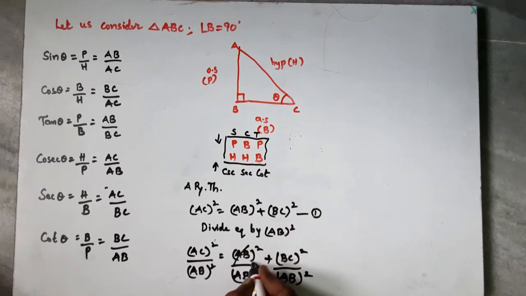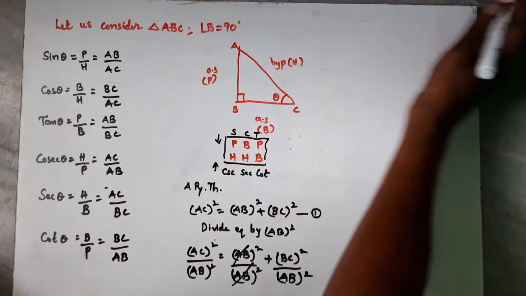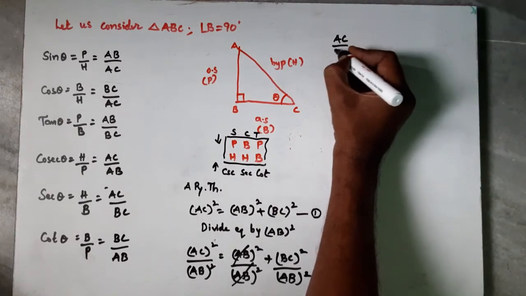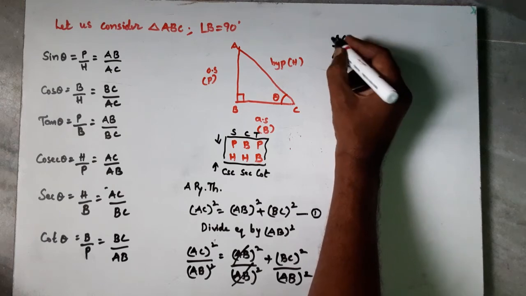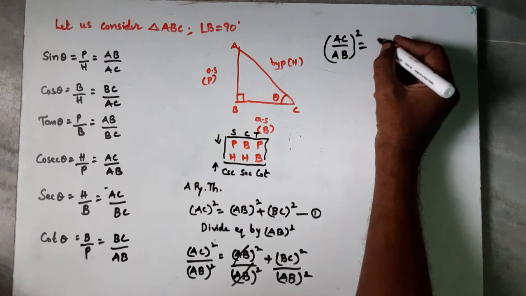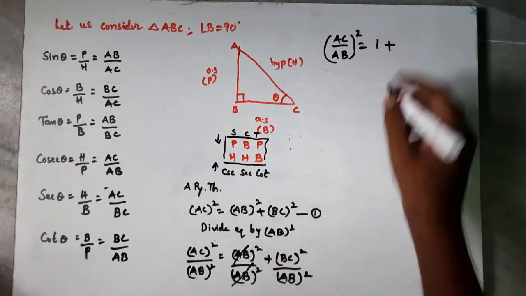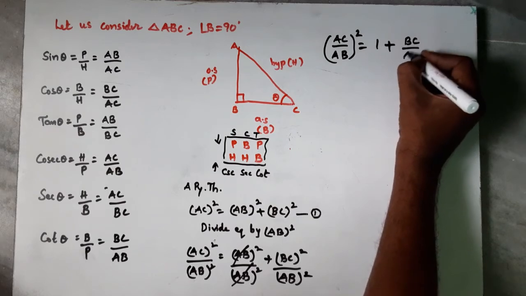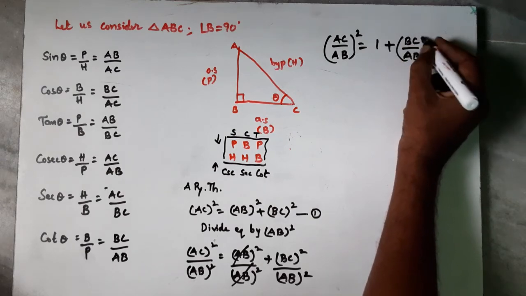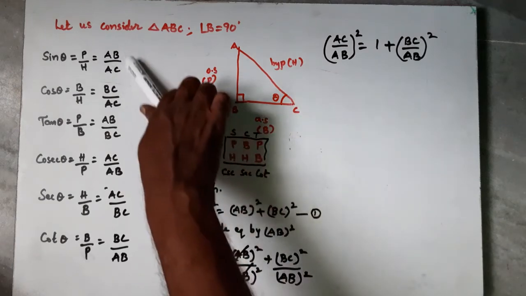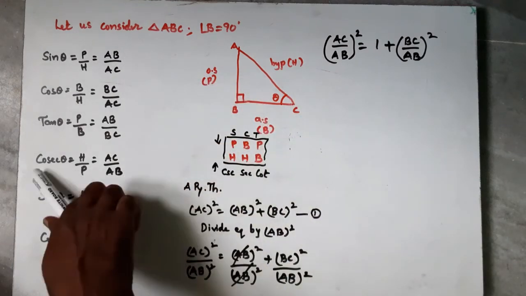So AB square cancels, and we can write AC by AB whole square is equal to 1 plus BC by AB whole square. Now see here, AC by AB is cosec theta.